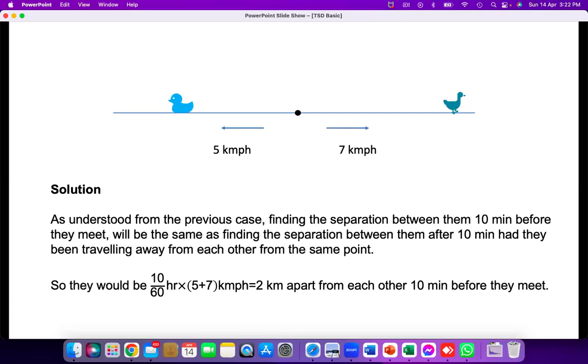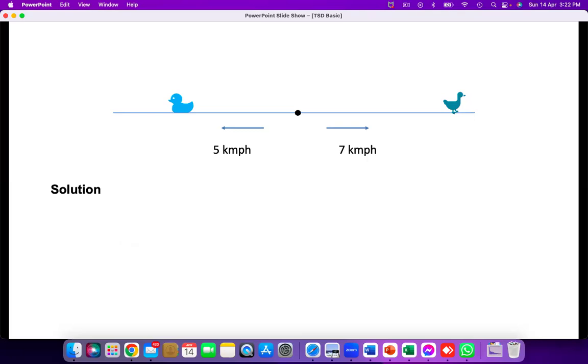They are 2 kilometers apart from each other, 10 minutes before they meet. If they are at the same point, how much time will they take to create the gap between them? This way.